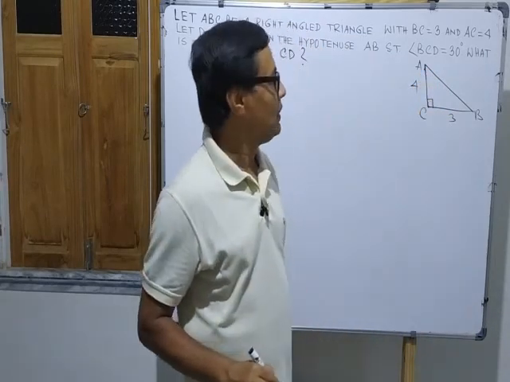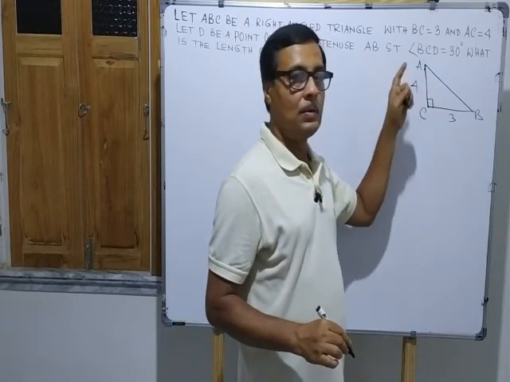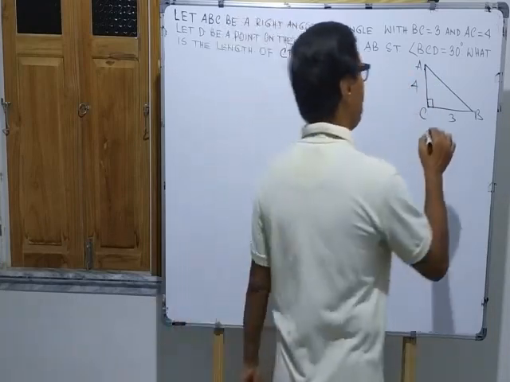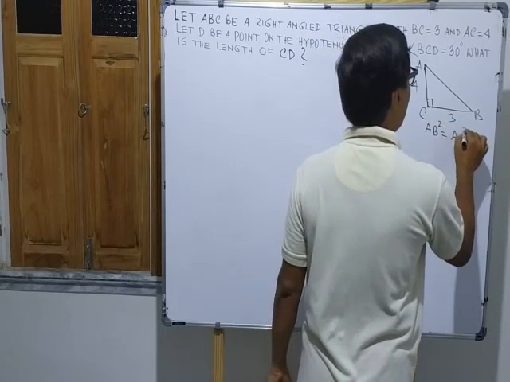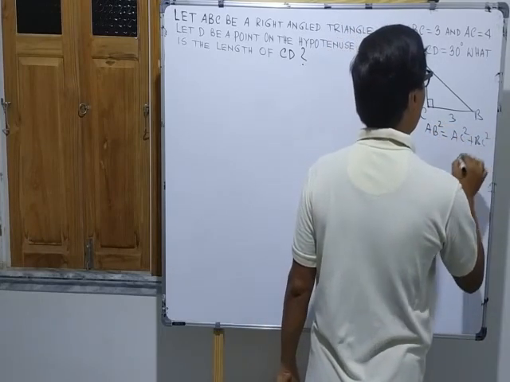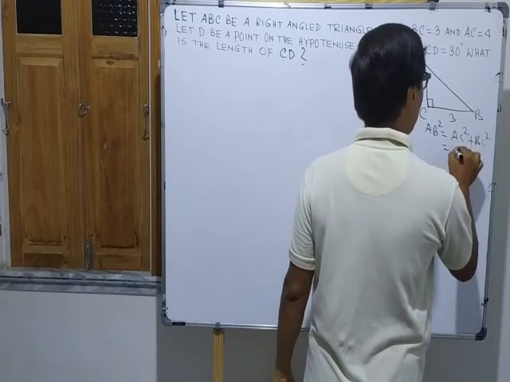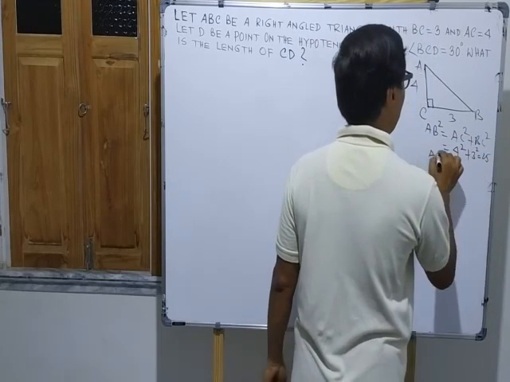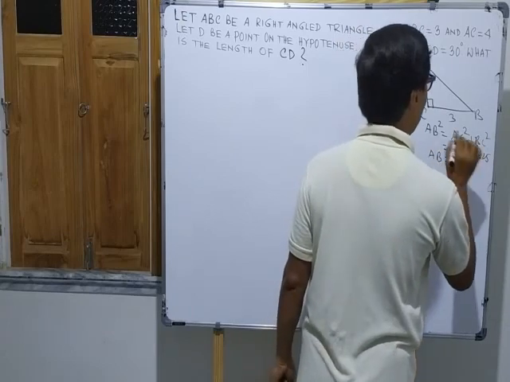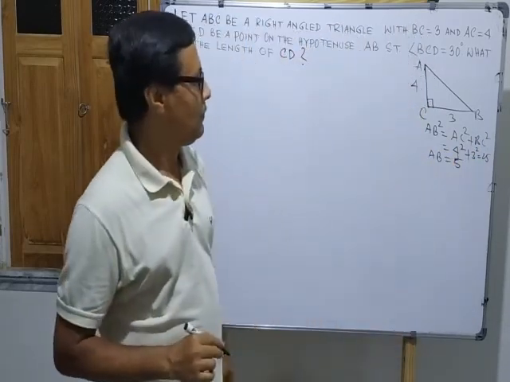So AB square equal to AC square plus BC square, which is equal to 4 square plus 3 square equal to 25. So AB is equal to 5.